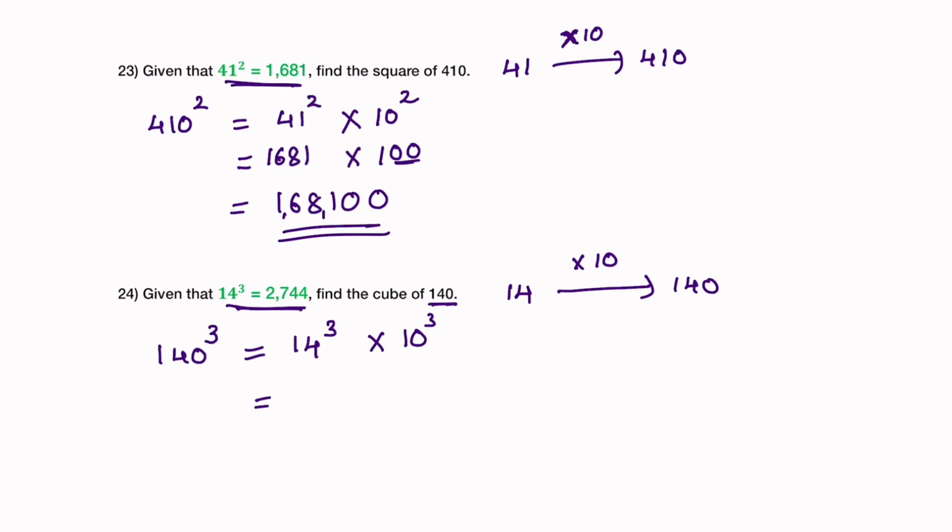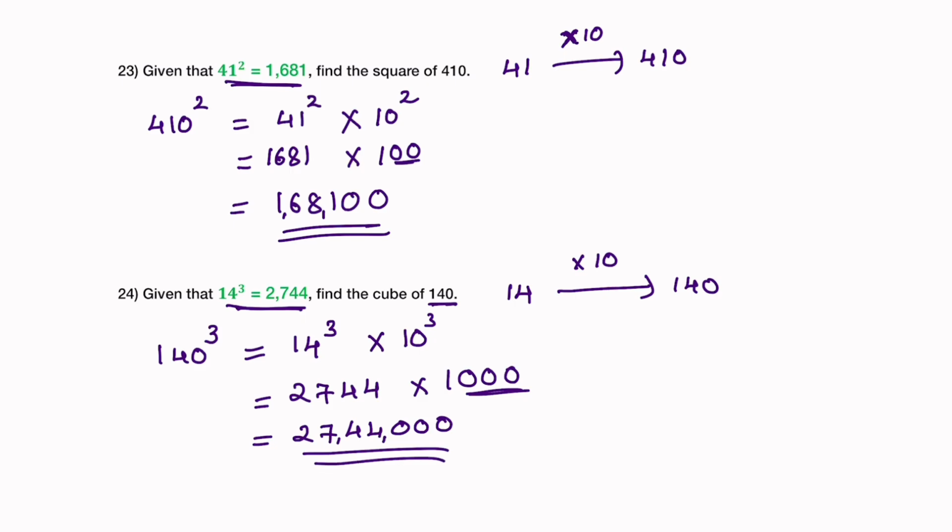And the answer for this is 2744 times 10 cube. So it is 1, 2, 3 zeros, right? So the answer is going to be 2744 and 1, 2, 3 zeros, because multiplying with tens, hundreds, thousands, that's how it works, right? So this is the answer.